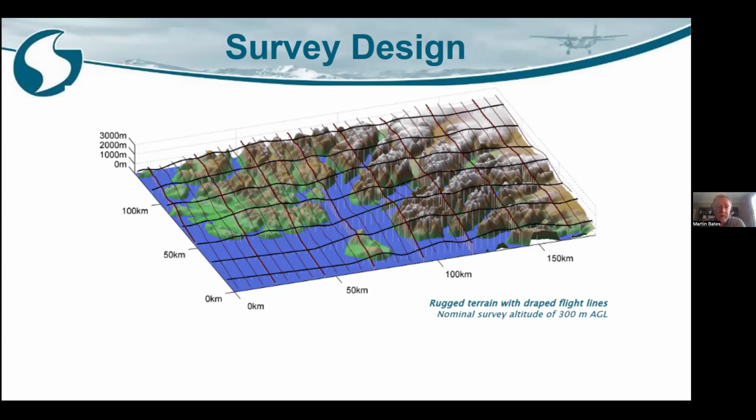What we actually do is monitor the magnetic field at a static point, at one or more locations around the survey area, usually one where we're operating from. And if we can get some into the survey area as well, depending on practical considerations, then we will. So you can monitor magnetic change, which is due to the magnetic field changing in time.